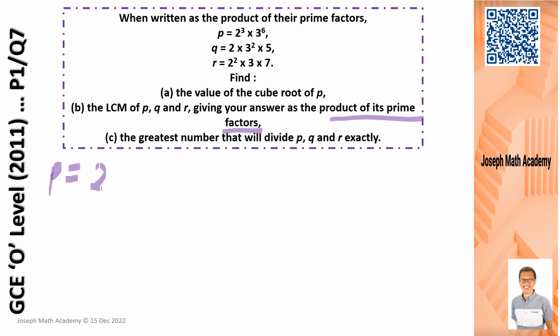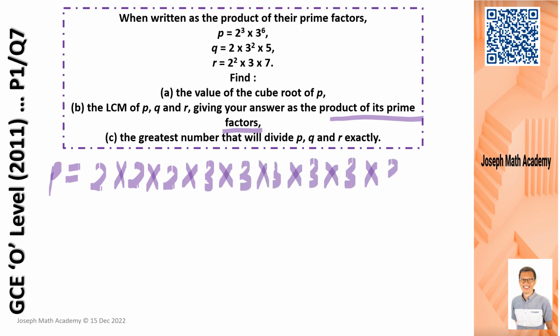I'm going to expand this instead. So 2 appearing 3 times and 3 appearing 6 times: 1, 2, 3, 4, 5, and 6. Now this is not the only way to do it, of course. Some of you are good at visualizing, then you don't have to do expansion.